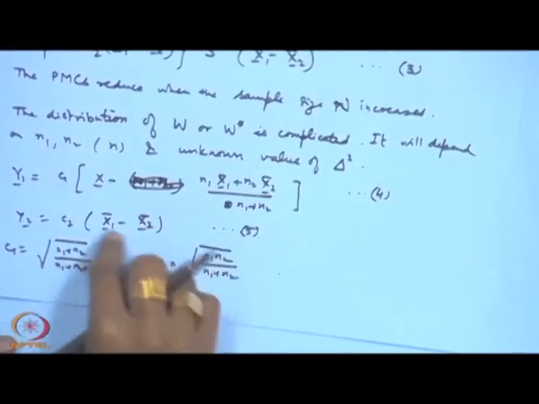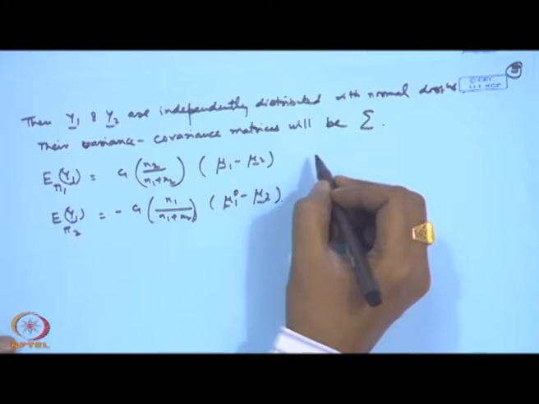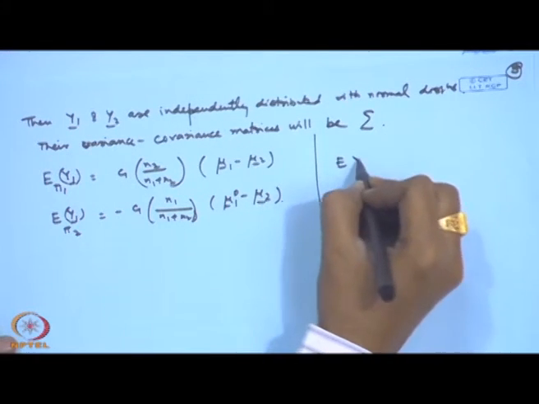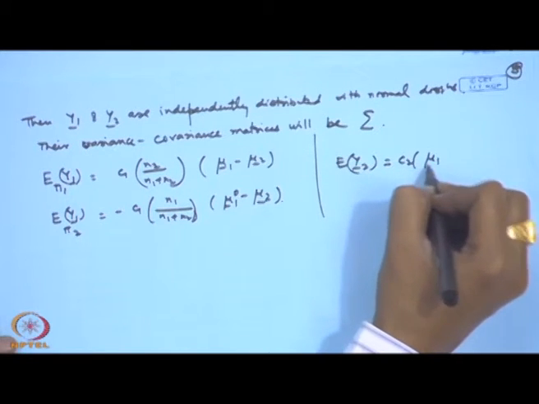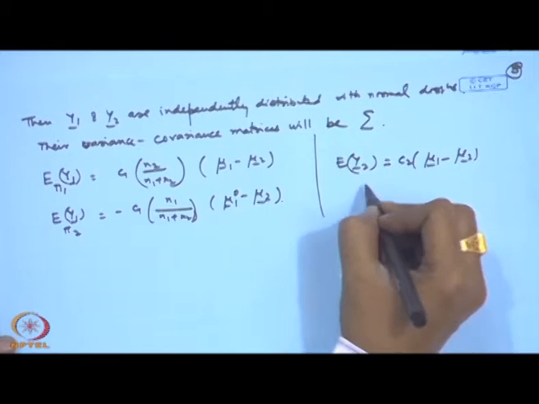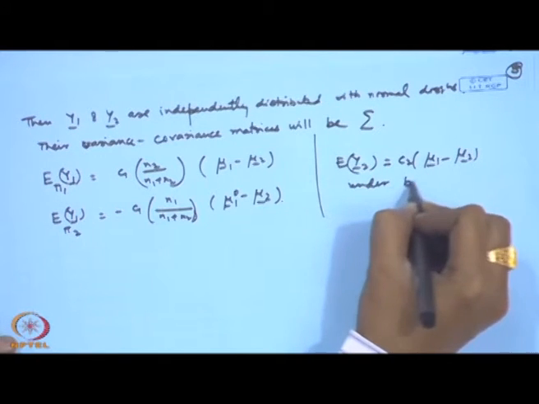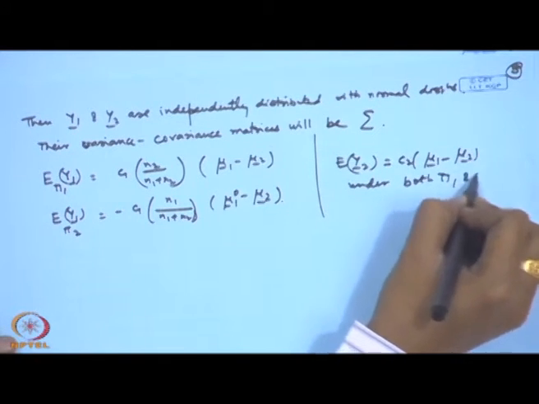The term y 2 does not involve x. So, this expectation will be same for both. That means, expectation of y 2 is always equal to C 2 (mu 1 minus mu 2) under both pi 1 and pi 2.